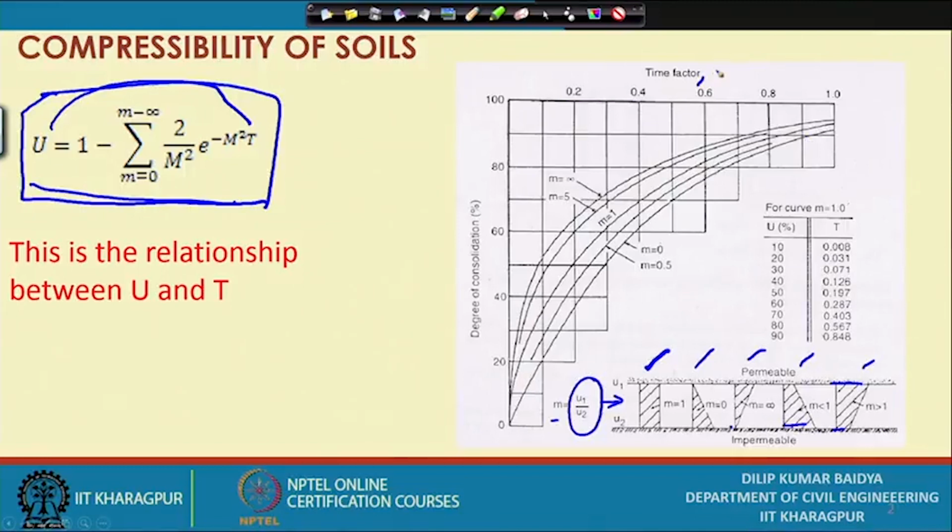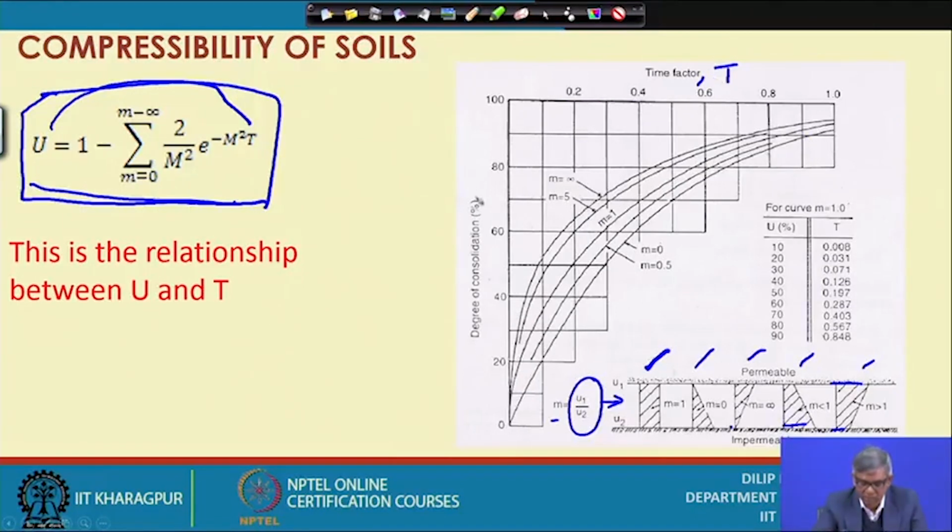This is given for different values of m: m equal to 0, 0.5, 1, 5 and infinity, but we will be working with 1. So, this is the t versus u curve corresponding to m equal to 1.